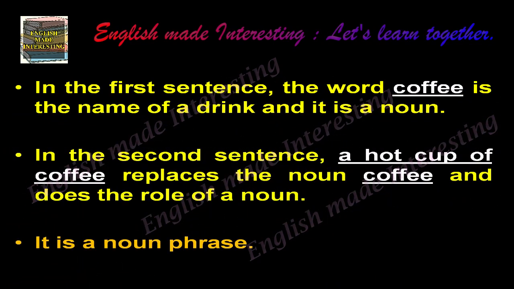In the first sentence, the word coffee is the name of a drink and it is a noun. In the second sentence, a hot cup of coffee replaces the noun coffee and does the role of a noun. So, it is a noun phrase.